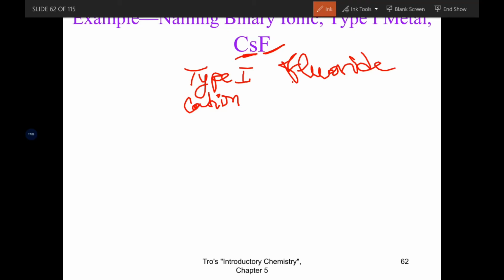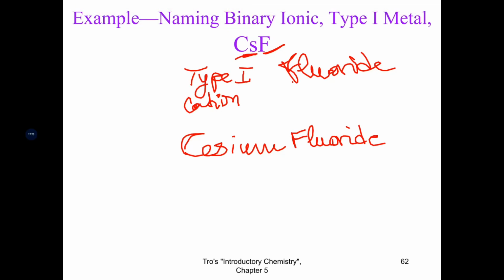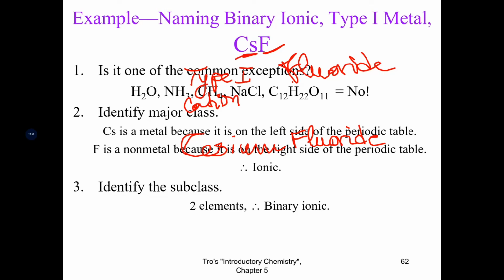And Cs is type 1, so we simply name it as cesium fluoride. All right, cesium fluoride. CsF is not one of the exceptions, so we don't have to worry about it. We just go simply to cesium fluoride.